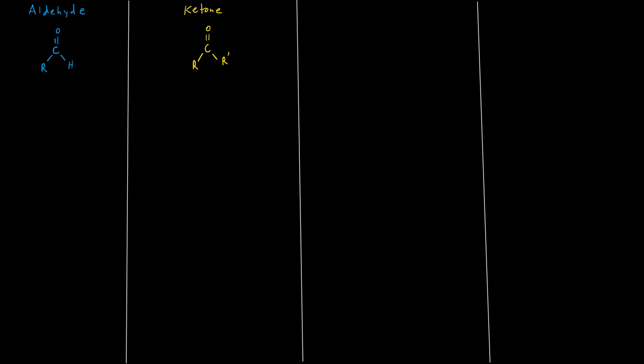Then for carboxylic acids, we're going to have that carbonyl group with an OH on one side. So essentially think of it like an alcohol attached to a carbonyl group. And then the R group, the carbon chain, on the other.